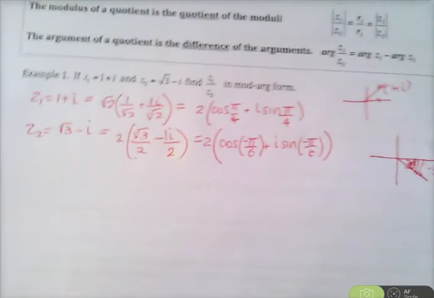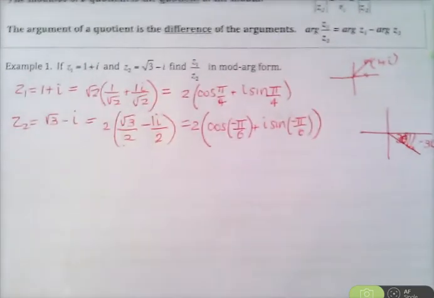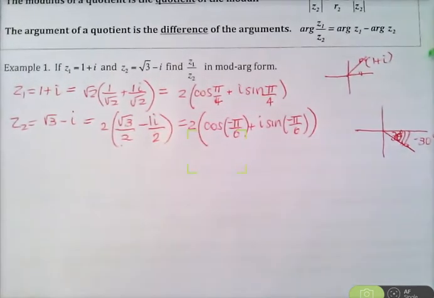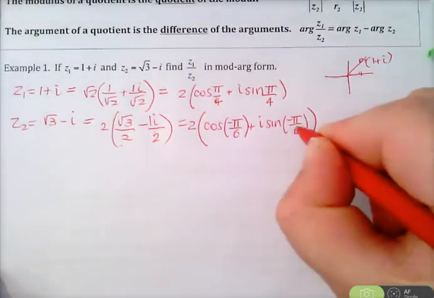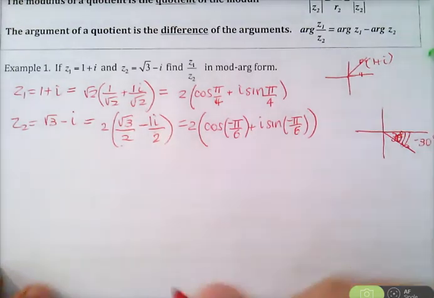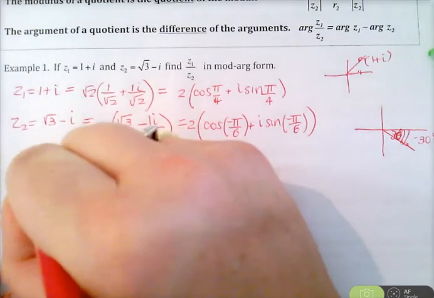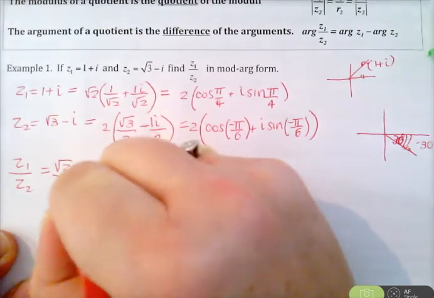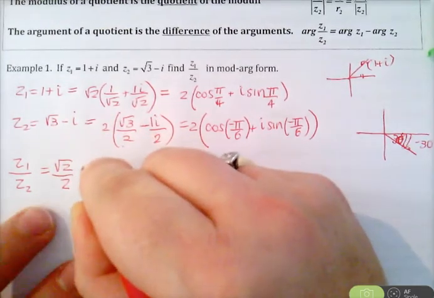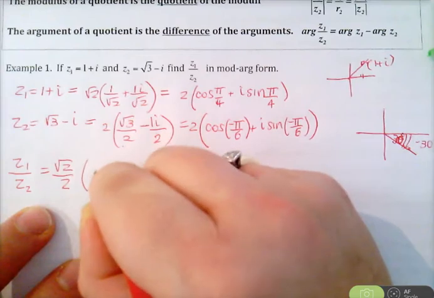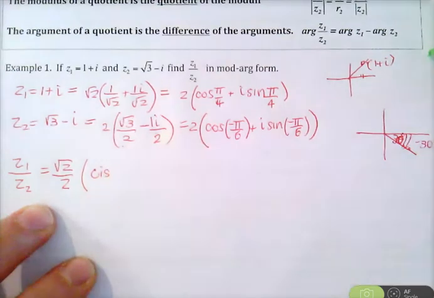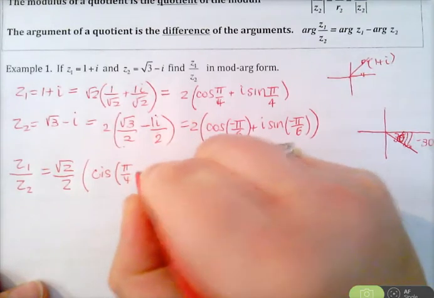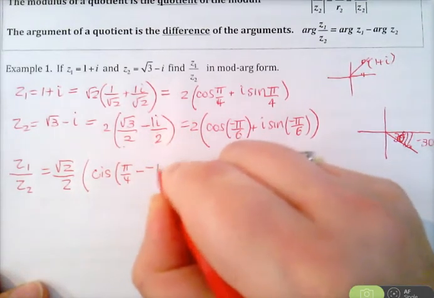So now we have to do our division of our complex numbers. Just remembering, when dividing complex numbers, divide the moduli and subtract the arguments. So therefore z1 over z2 will be root 2 on 2, and then we would do cis of pi on 4 minus pi on 6.